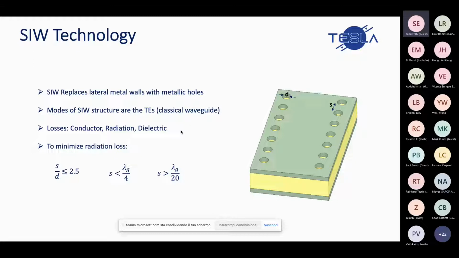The main losses are from the conductor loss, and the thickness here plays a fundamental role. In fact, the more we increase it, the lower is the attenuation cost of the conductor. And also radiation leakage is minimized by reducing the diameter of the vias.